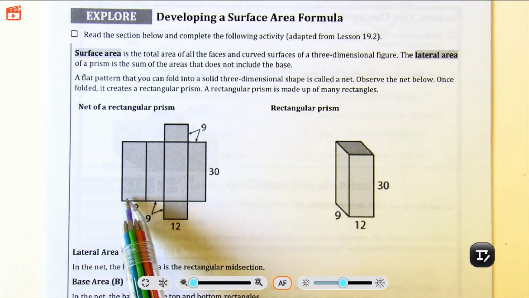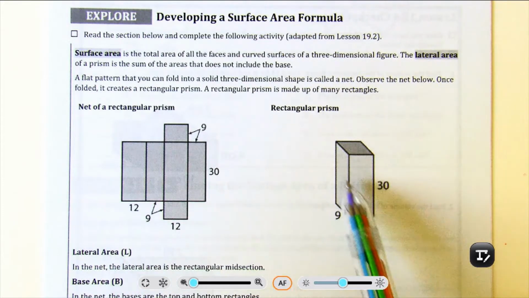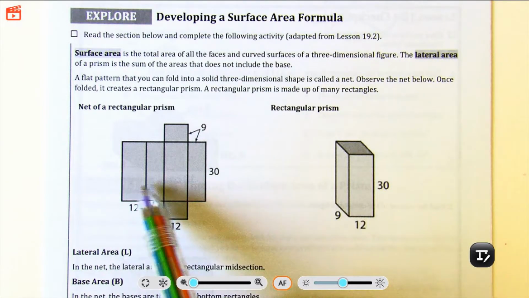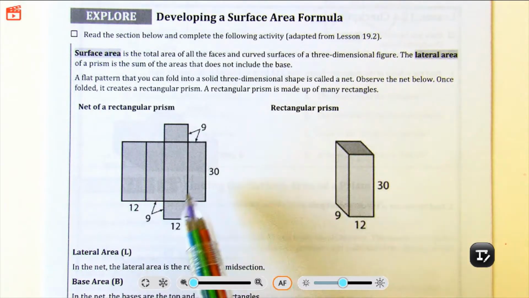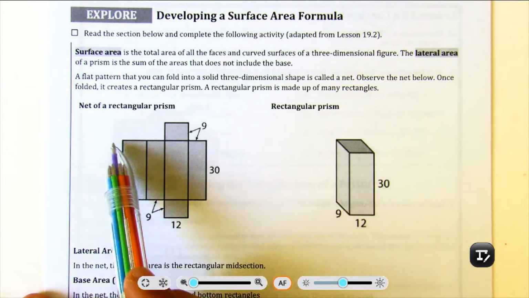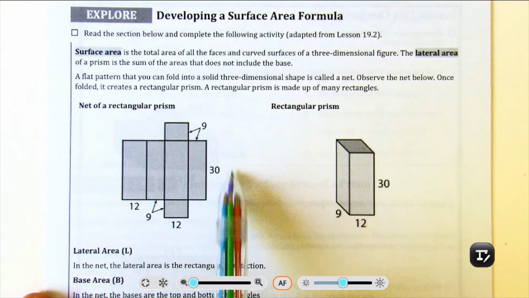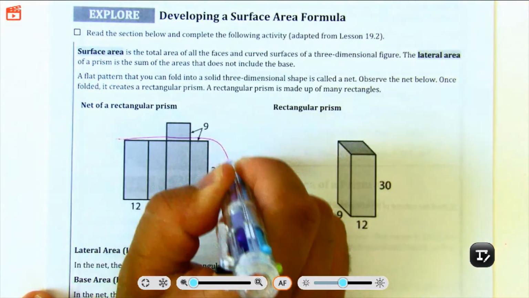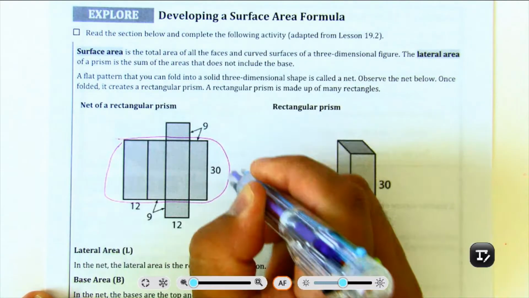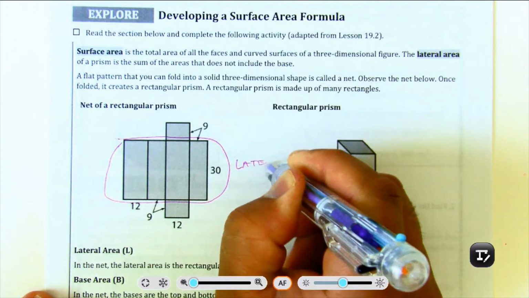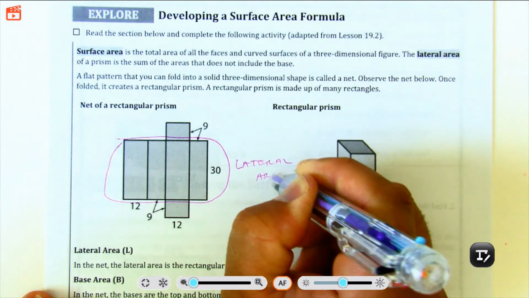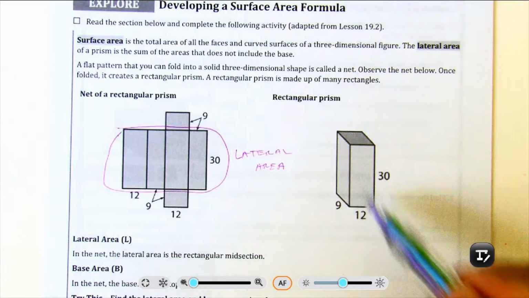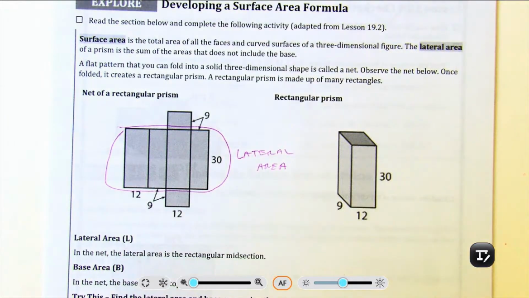So think of a box. A box has 6 sides. So 1, 2, 3, 4, 5, 6. The lateral area are the sides of the box. So all of these. This is the lateral area. And the top and bottom of the box are called the base area.